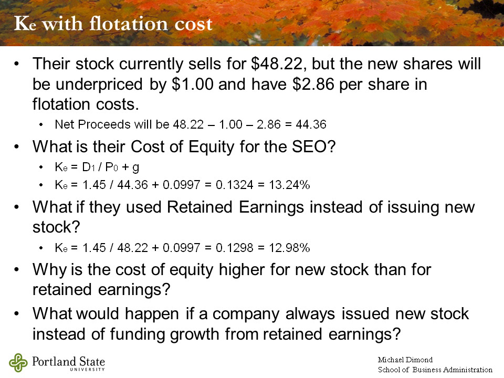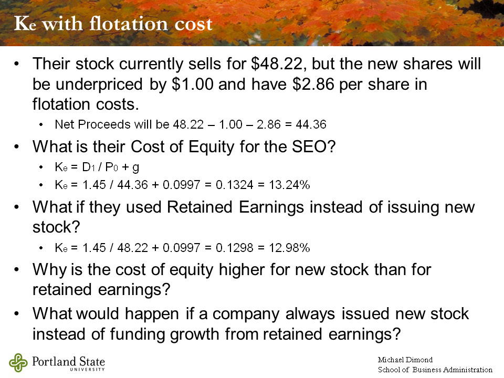Now when we're figuring out the cost of equity for the seasoned equity offering, we can take the $1.45 dividend expected. We're going to take the $44.36 and we're going to then add our growth rate back onto that. We come up with a cost of equity of 13.24% for a new issue.